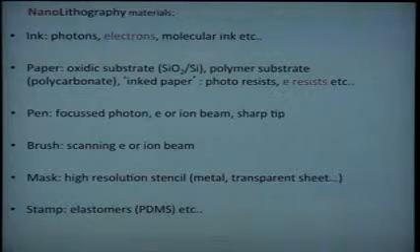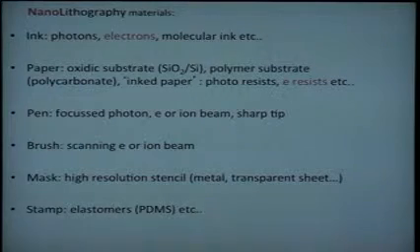And the pen can be a focused photon beam, focused electron or ion beam, or even just a sharp tip. When I say sharp tip, it could be an STM tip or AFM tip. Then brush, I'm just using the common terminology and trying to convert the whole thing into nano patterning language.